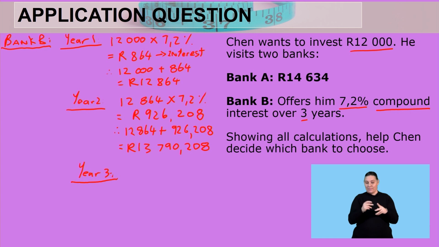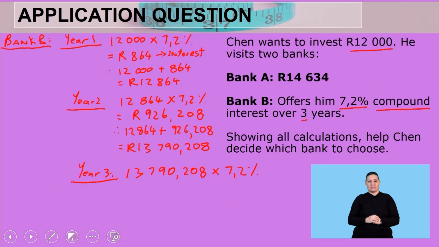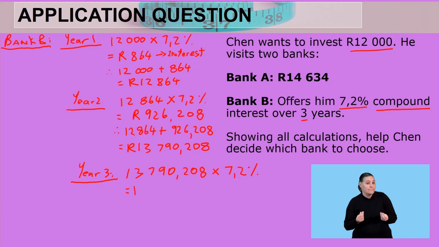All right. The previous year, we have 13,790.208. We will multiply that by the interest rate of 7.2%. That gives me 992.894976 with all the decimals. Therefore, let's check what's in this account now.